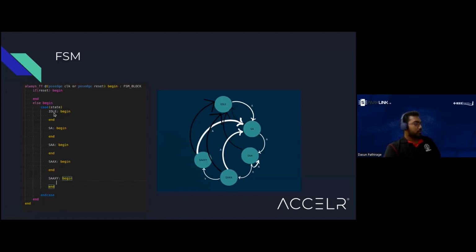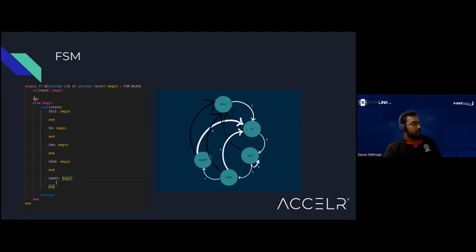So you have defined all the states here. In the idle state, the logic is inside here, the state A logic is inside this begin and end block, the state double A in this begin and end block, the state AAX logics are inside this one, and AXY logics are inside this one.